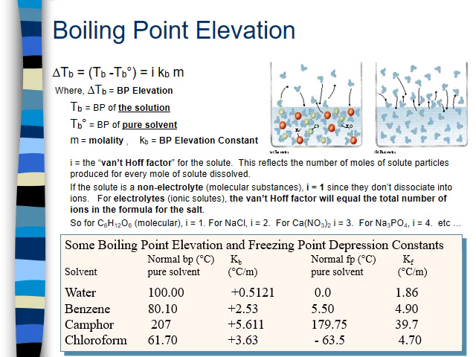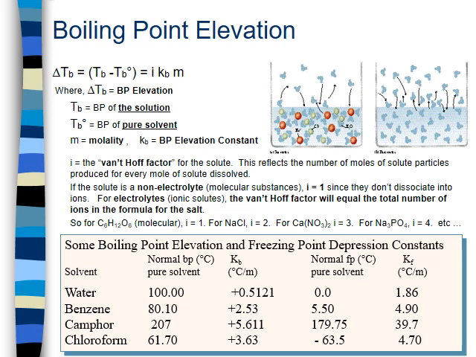Molecular substances, if you dissolve one particle, you'll get one particle floating around in your solvent. So for every mole of a non-electrolyte that you dissolve, you get 1 mole of dissolved solute particles. Therefore, for non-electrolytes, the van't Hoff factor is equal to 1.